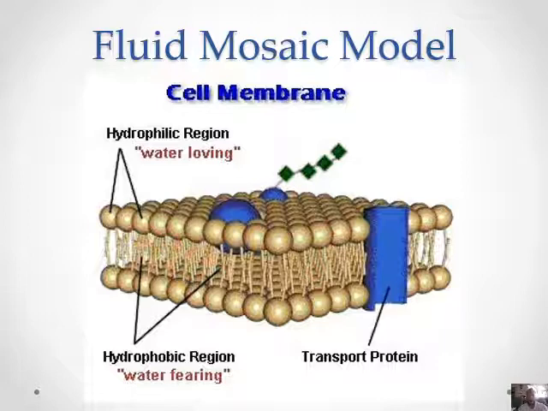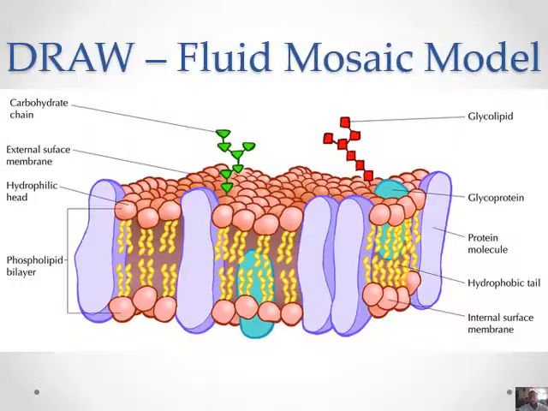Maybe it's become hot, maybe it's become cold, maybe it's become too acidic, maybe it's become too basic. And those little receptors are actually able to tell everything what's going on, and they are called a glycoprotein. So you can see it's this mixture of a whole bunch of different bits and pieces that actually make up the fluid mosaic model, or the cell membrane, or the plasma membrane.